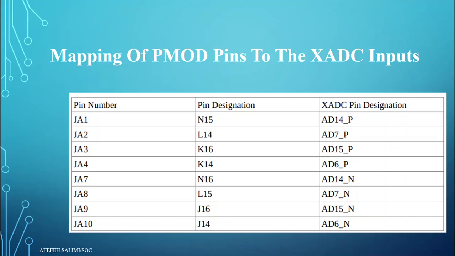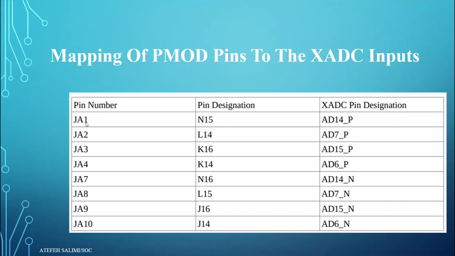Pins listed within the same columns, such as JA1 and JA7, form a differential pair. This means that the voltage applied to the ADC is the difference between the voltage of these 2 pins.